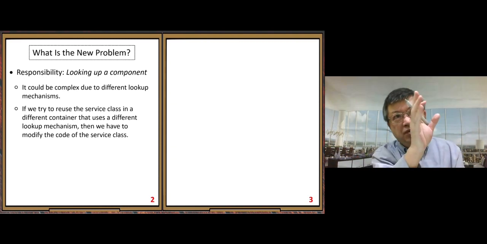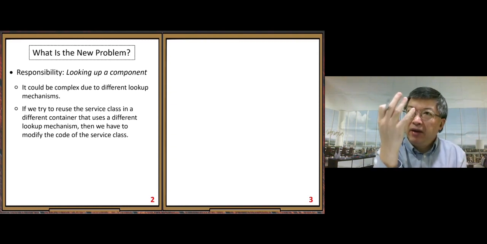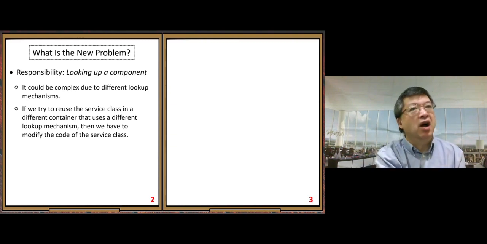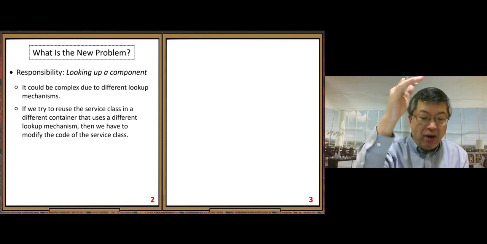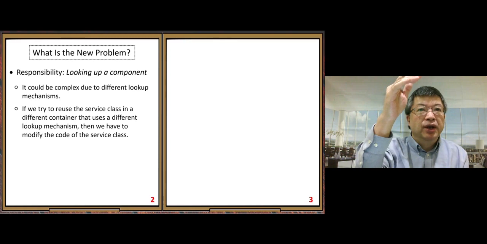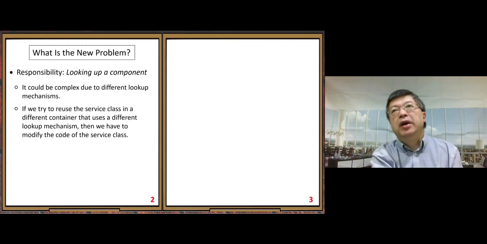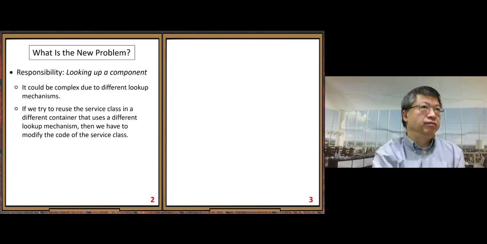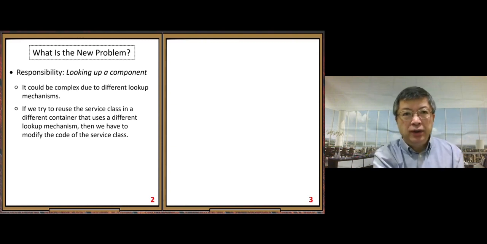So now you need to consider that modification cost. Yeah, then we have to modify the code of the service class. So that part still can be improved. Still, it has room to improve.